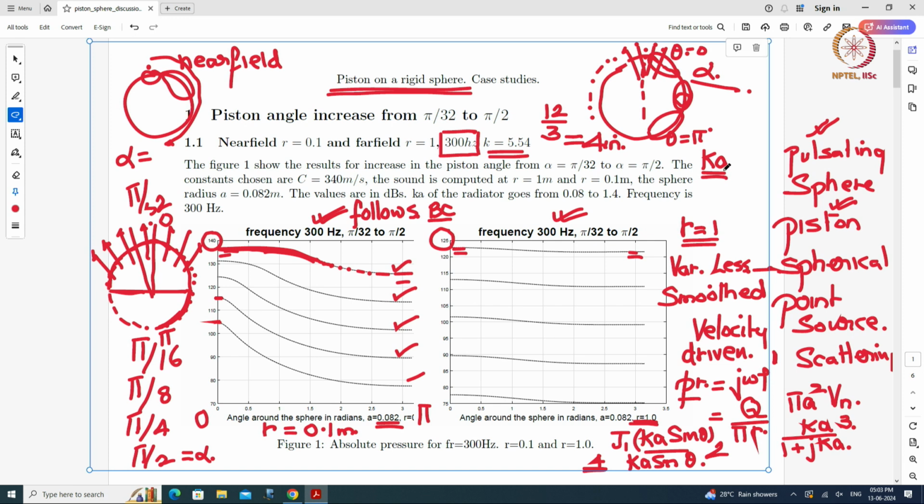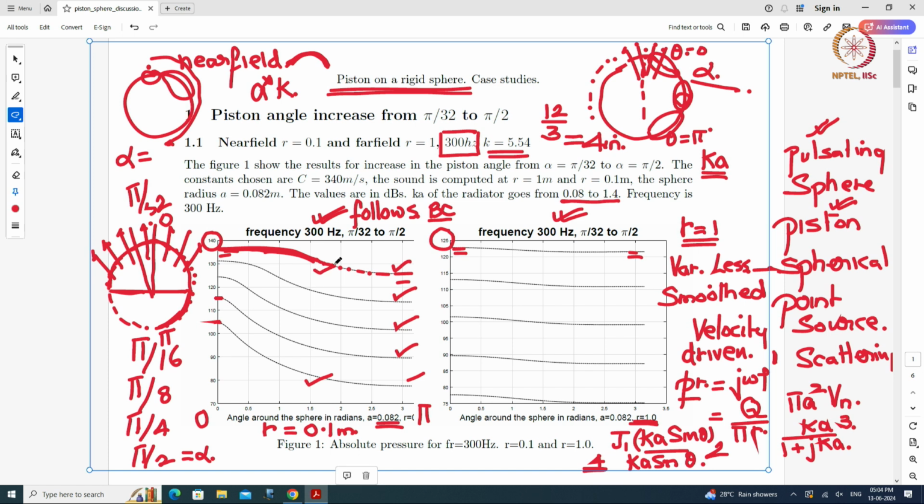Because the piston is a circular radiator with spherical dimensions, I have computed some typical dimension to represent the radiator and called that A or maybe A star, and multiplied with K to give me a Helmholtz number. That Helmholtz number goes from 0.08 at pi by 32 to 1.4 at pi by 2.